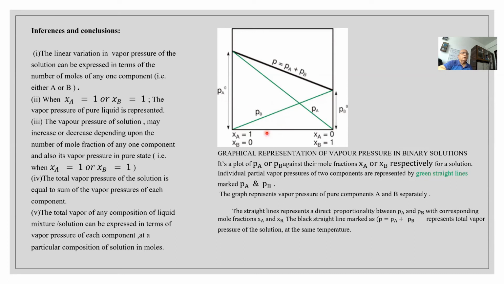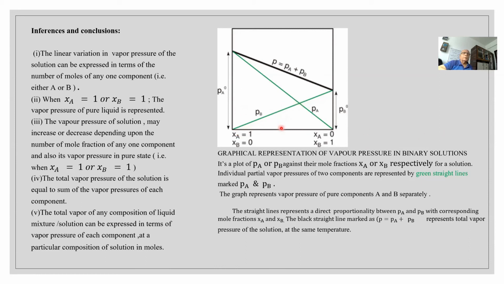At any stage. Similarly, for A also, as the mole fraction starts increasing from 0 to 1, it goes on increasing. If you look at the other way, it goes on decreasing. Now, this is with relation to the vapor pressure.